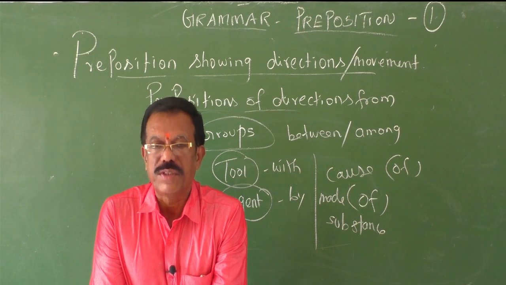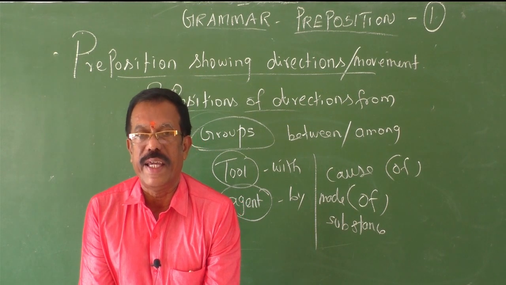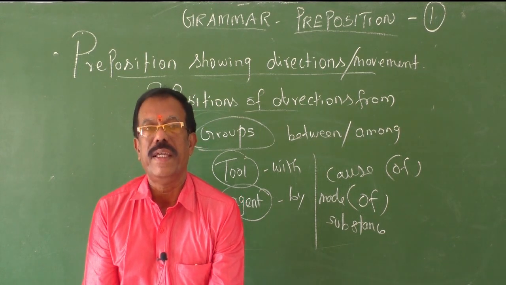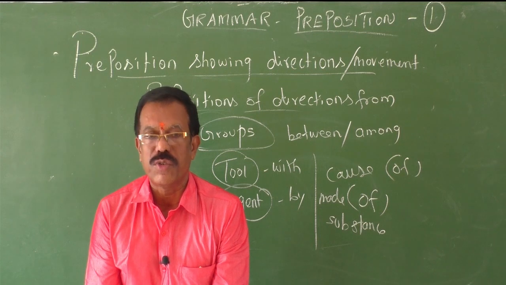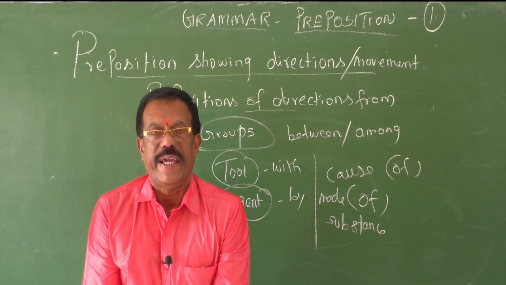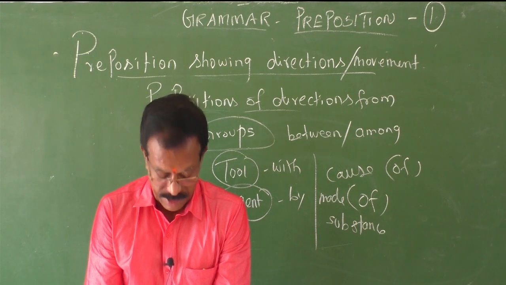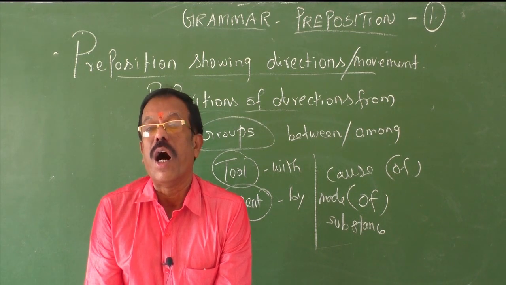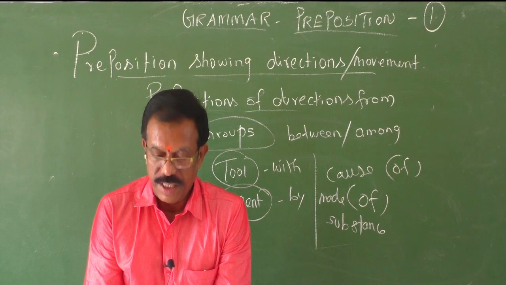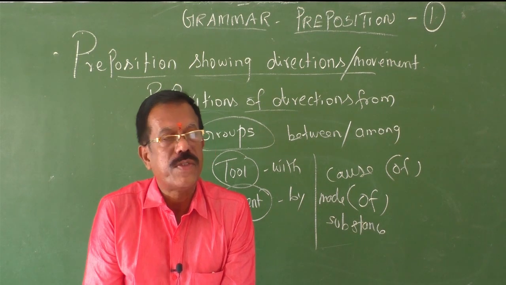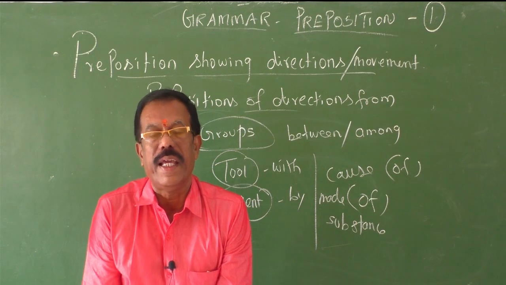And then when you talk about the travel, the conveyance, you can use by, in and on. The prepositions by, in and on are used to refer to travel, conveyance. Then motion: into, upon. Then cure of disease: he is cured of that particular disease. Then when you talk about groups, you can use between and among.